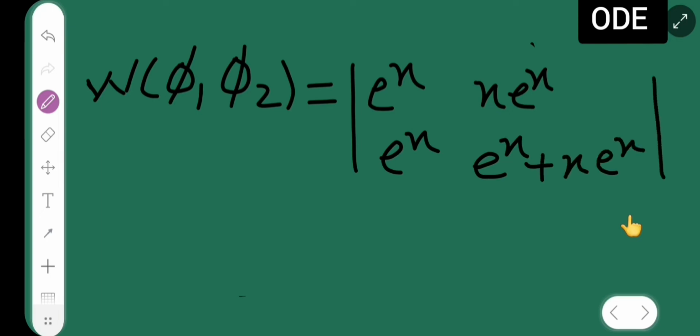So let us find the Wronskian first. What I have to do is this into this minus this. So it's like this basically.